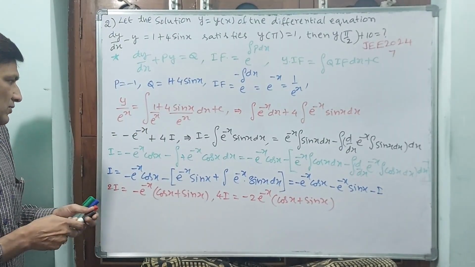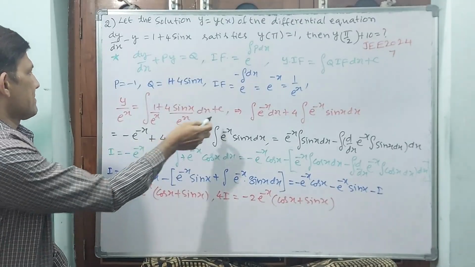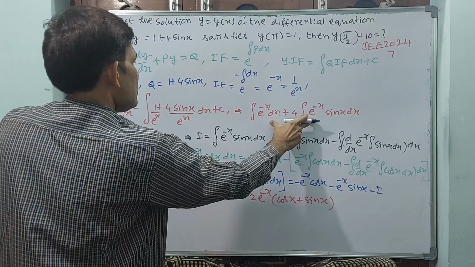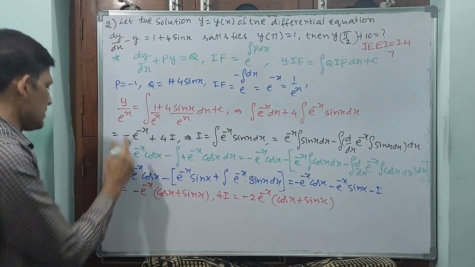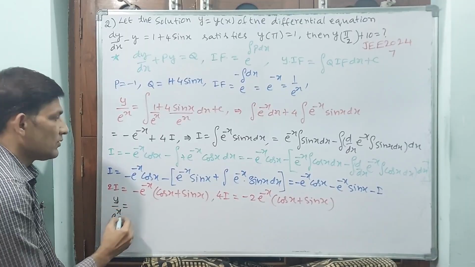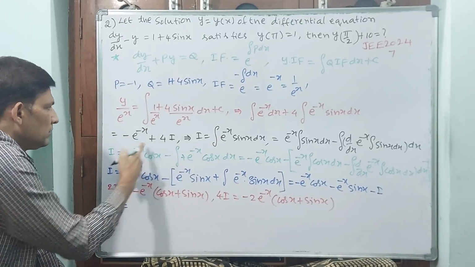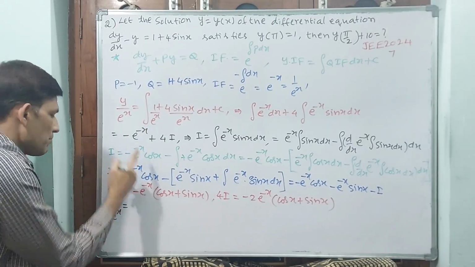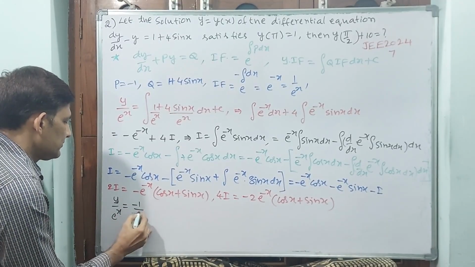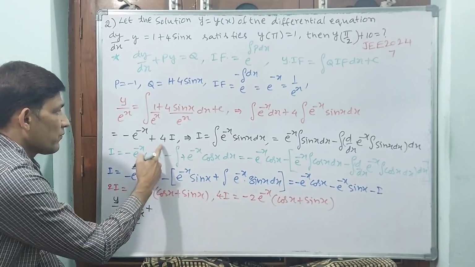Okay, see what I want to tell now. This is this only. Y by e power x is equal to minus 1 by e power x plus 4I.